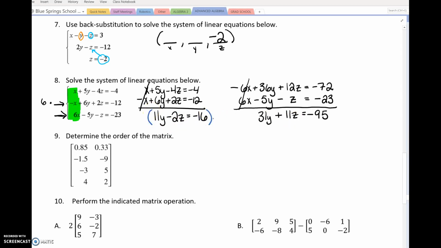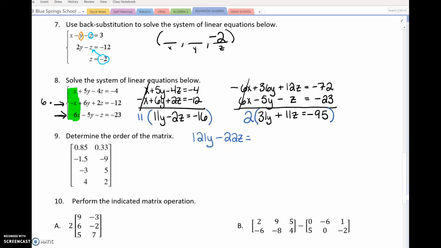I'm going to multiply the first equation by 11. That would give us -22z in the middle. If I want the other equation to be +22z, I need to multiply that one by 2. So 11 times 11y is 121y. 11 times 2z is -22z.